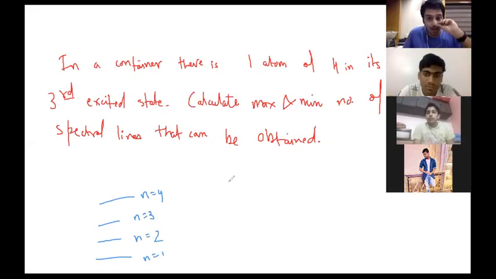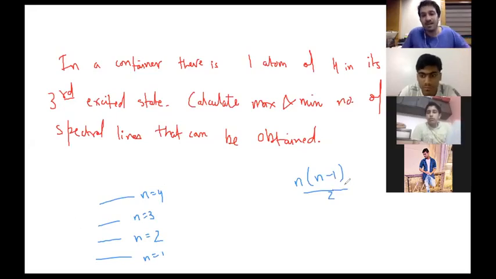When do we use this formula, n into n minus 1 by 2? This formula is used when we have a sample of gas. When we have many gas atoms, we consider all possible transitions, because some atoms will jump directly, some will jump halfway, some will do 2 steps, some 3 steps to the ground state. So all possibilities are counted, and this formula gives you all of them.